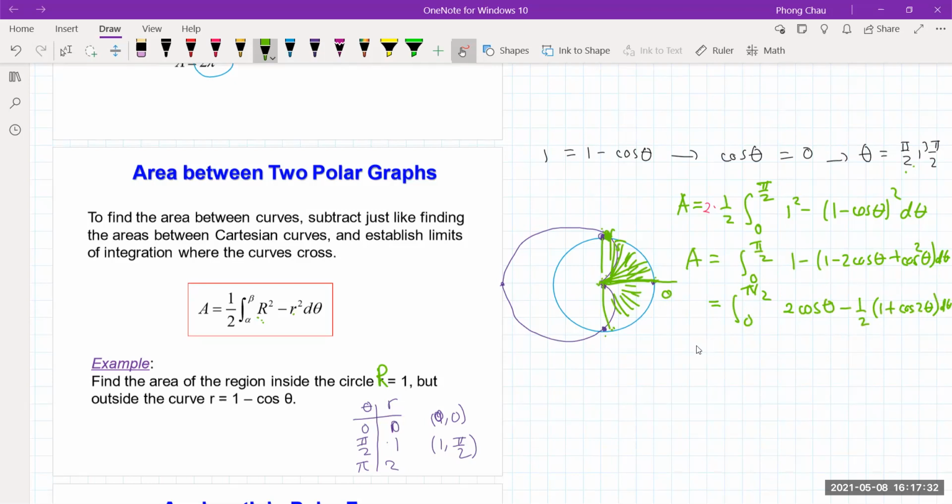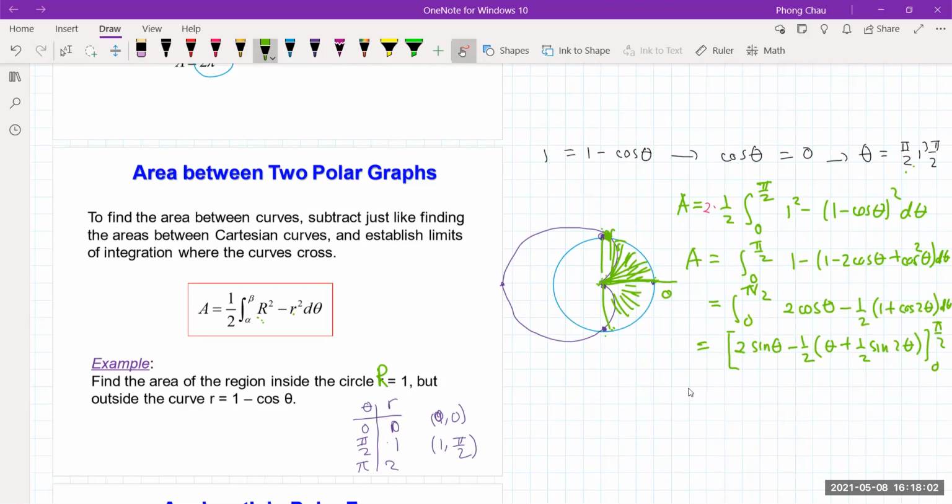Now from here, I can certainly integrate. The antiderivative of cosine is sine, so 2 sine theta minus 1/2 times the antiderivative of 1, which is theta, plus the antiderivative of cosine, which is sine of 2 theta with the chain rule times a half. And we go from 0 to pi half.